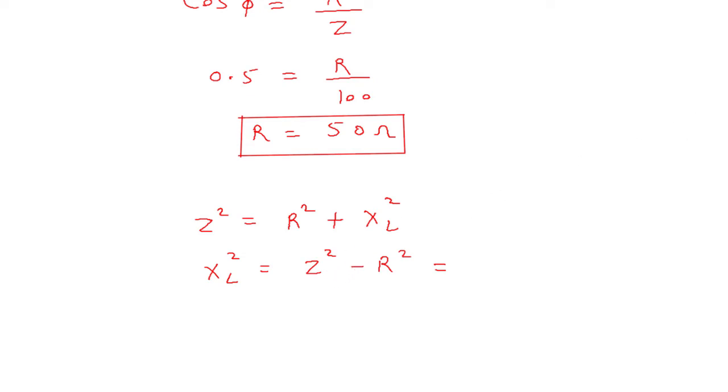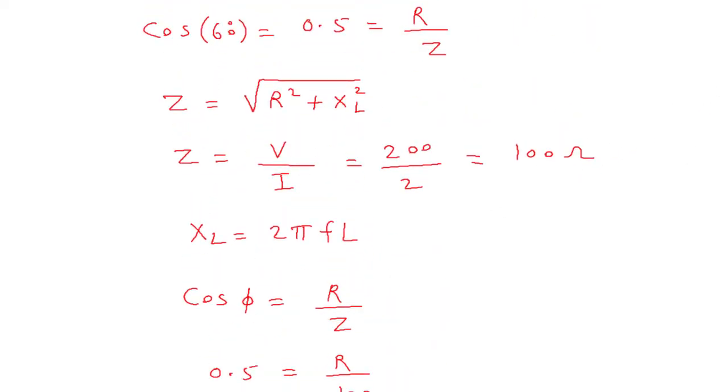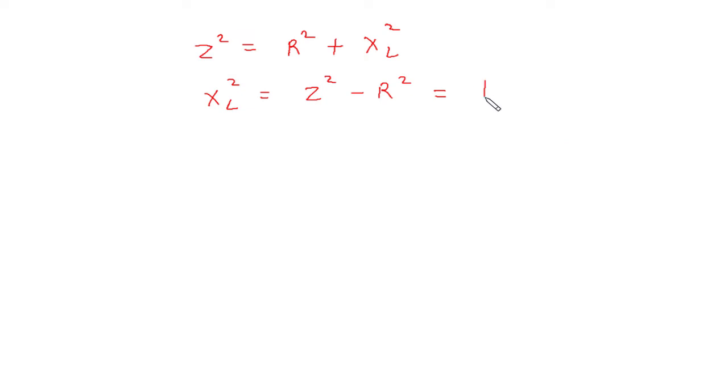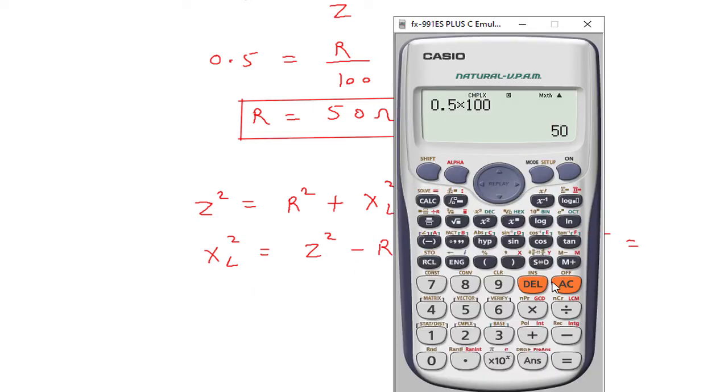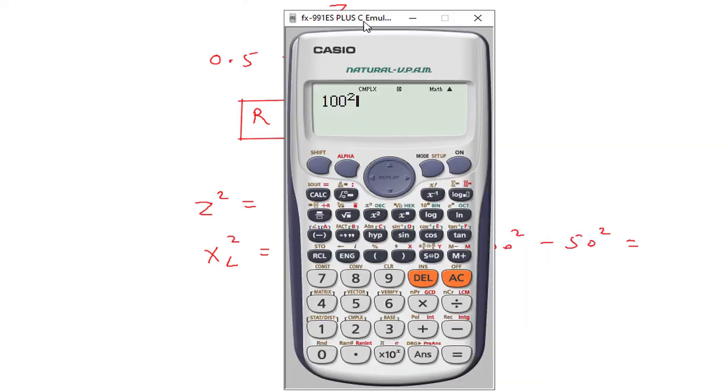So XL square will be 100 square minus 50 square, so it is 7500.